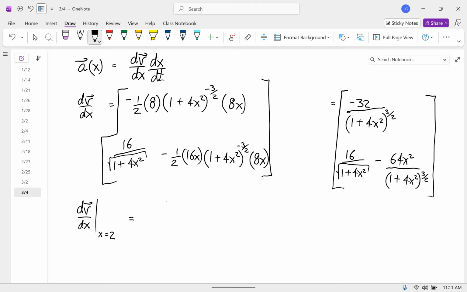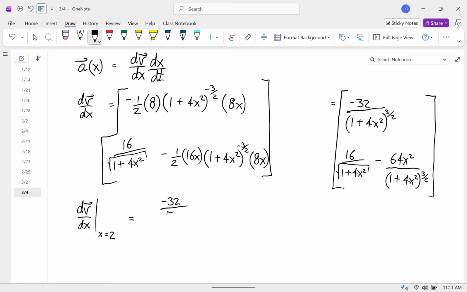So we have negative 32 over 17 to the 3/2 power.